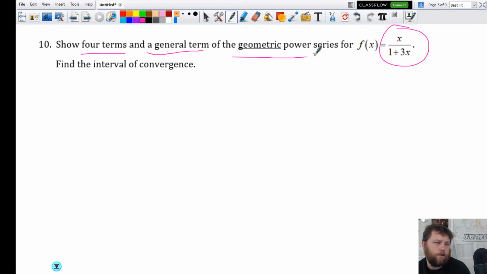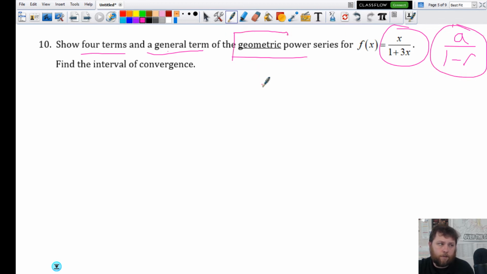This is where remembering things can help out. This looks like this format, especially when I have a 1 plus something here, you might say it looks like my friend a over 1 minus r. And it says geometric, and that's the sum of a geometric power series. So whenever you hear geometric power series, think of this format.